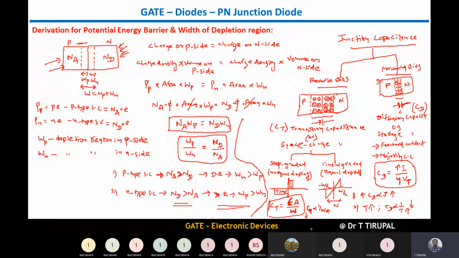Wp by Wn is equal to Nd by Na, and Ct is equal to epsilon A by W. Cd is equal to tau I by eta Vt, that is for diffusion capacitance, and transition capacitance is epsilon A by W. The doping concentrations and widths of depletion regions you can write there, and the total width of the depletion region W is equal to Wp plus Wn. So please note all these points. If you have any doubts, please let me know, because these are very important for you.